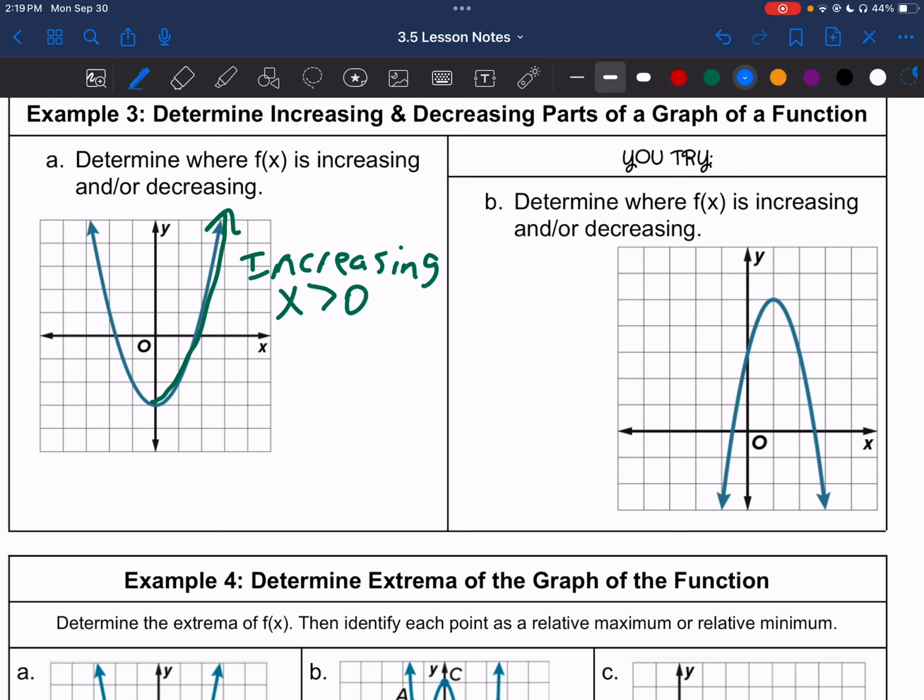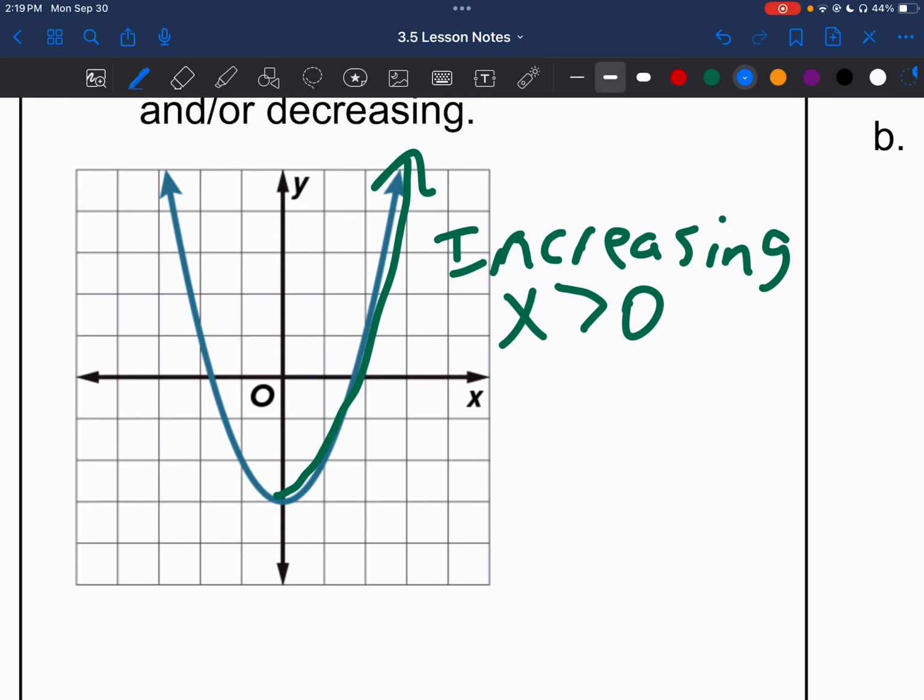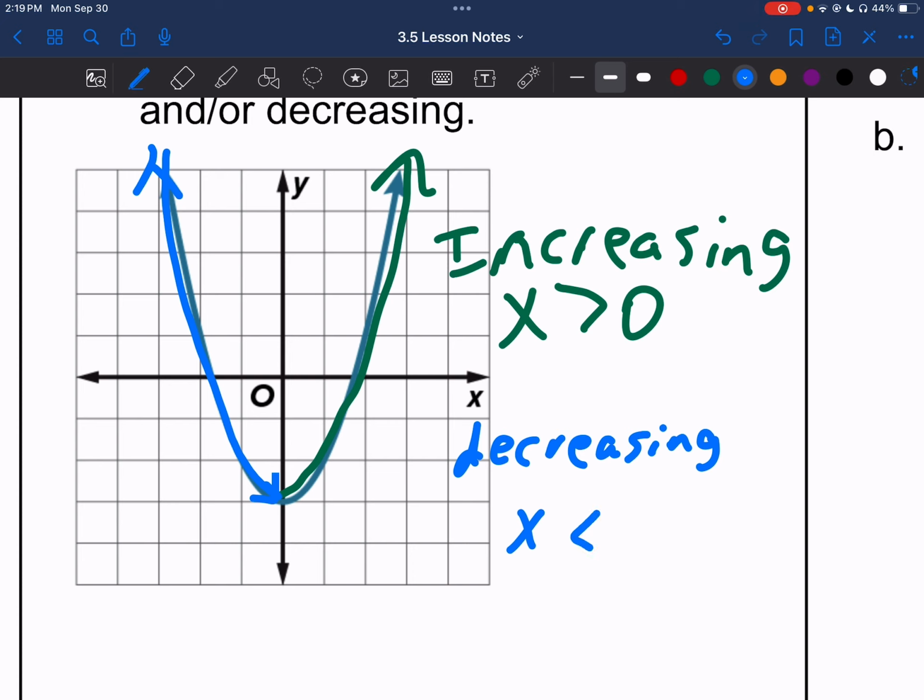When is it going to be decreasing? It's this section right here. So that's going to be decreasing as we go from left to right. That's going to be when x is less than 0.